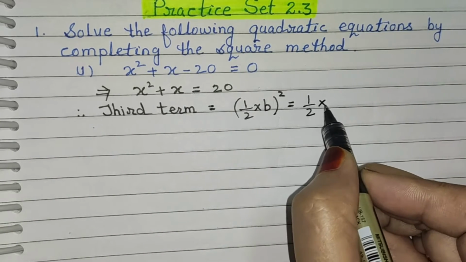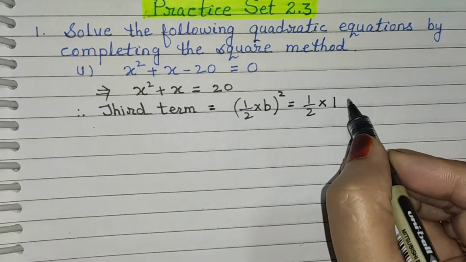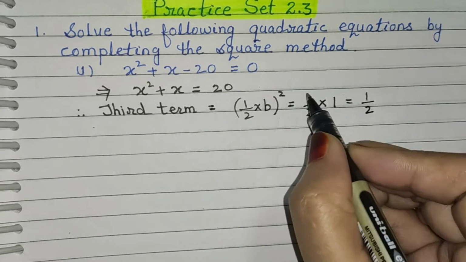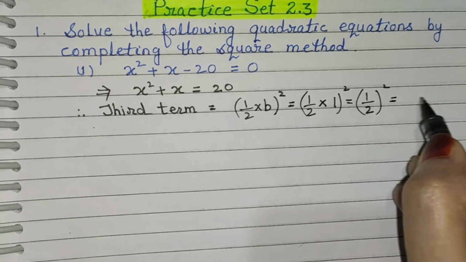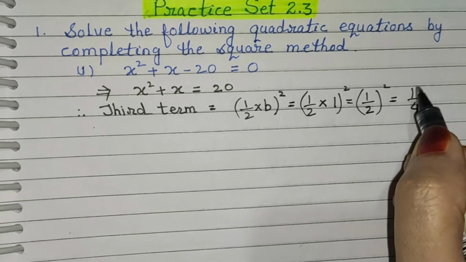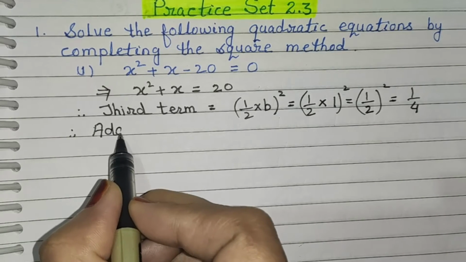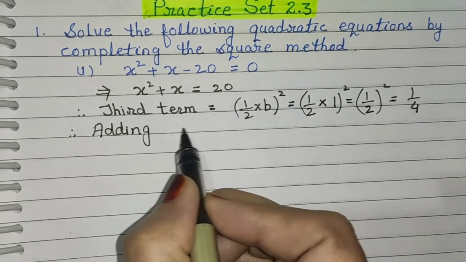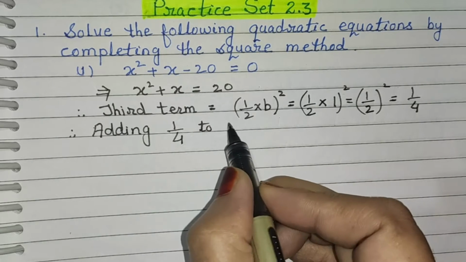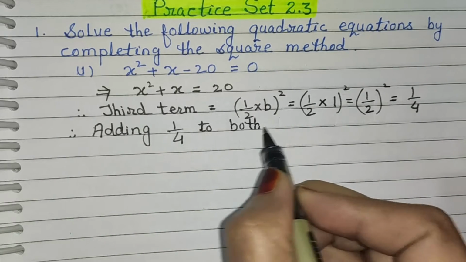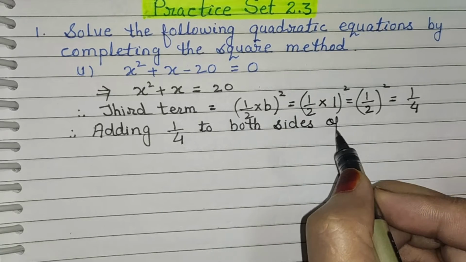Therefore, 1 upon 2 into b. Now the value of b is 1. 1 upon 2 whole square. We get 1 upon 4. Now, next step is adding 1 upon 4 to both sides of equation.